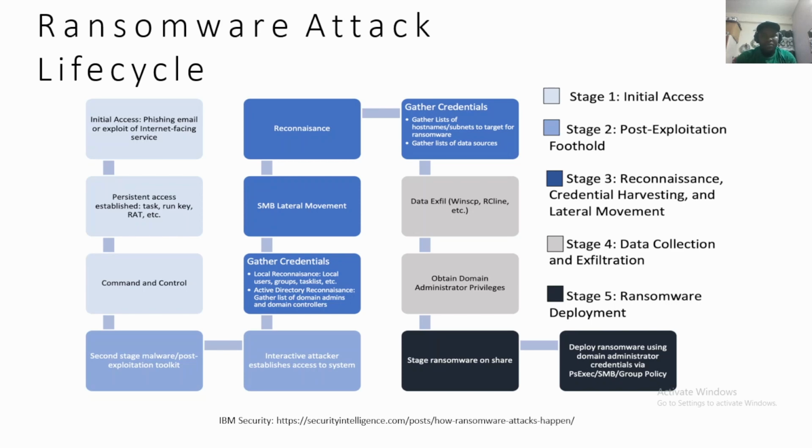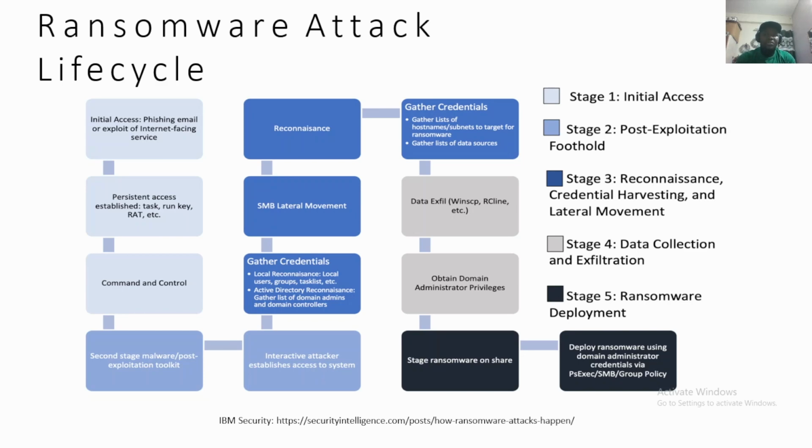The attackers will first try to gain initial access into your environments, maybe through a phishing email, a malicious link, or exploitation of an internet-facing service, or through persistence mechanisms such as scheduled tasks, run keys, remote access tools, or any command and control server mechanisms that they will stand up, and start typing commands into your environments.